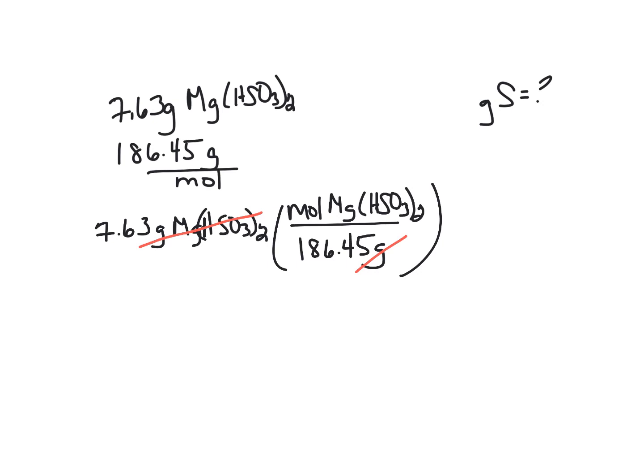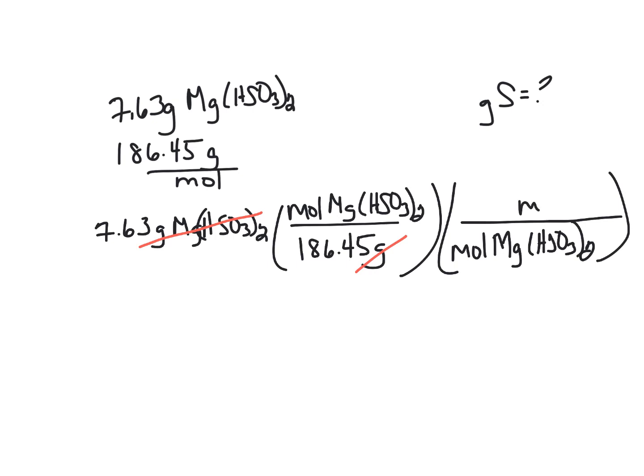So now I need to make that relationship between moles of the compound and moles of sulfur. So I know that on the bottom of this step, I have to have moles of my magnesium HSO3 2. And what I'm going to put on top is moles of sulfur.